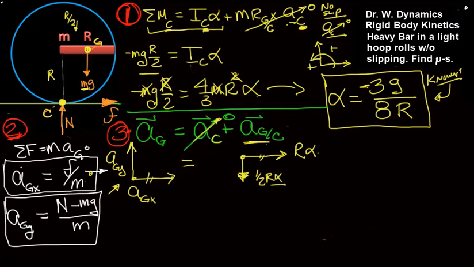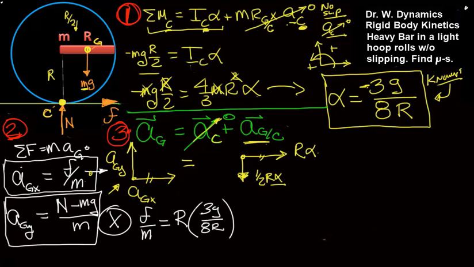And now we can relate the x's and the y values. So if we relate the x's, we have a_gx, which is F over m, has to equal r alpha, and alpha is 3g on 8r.